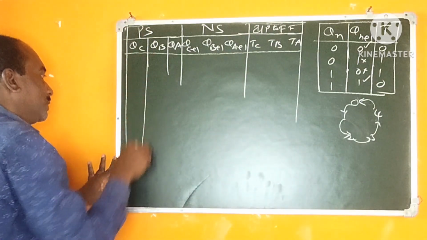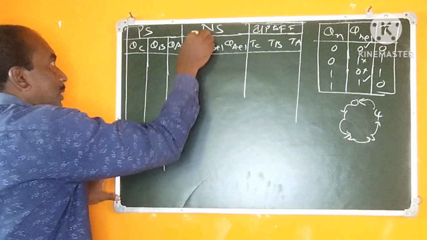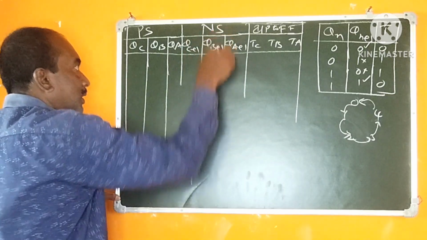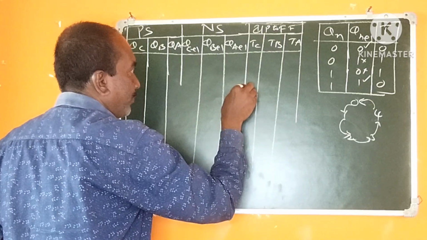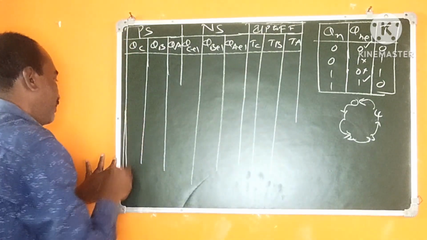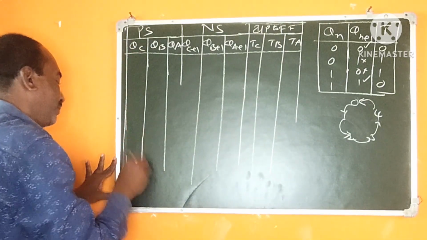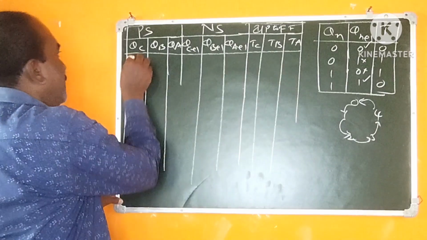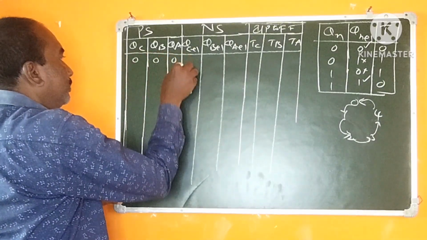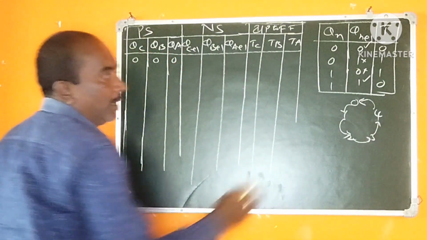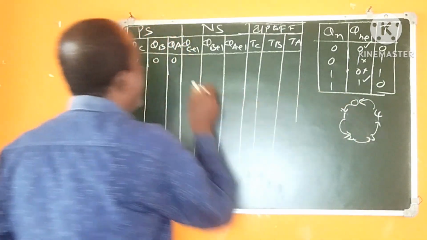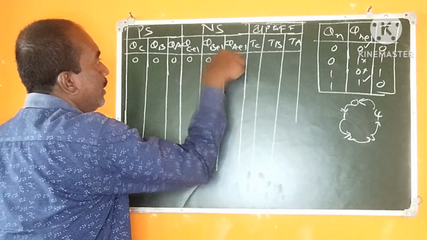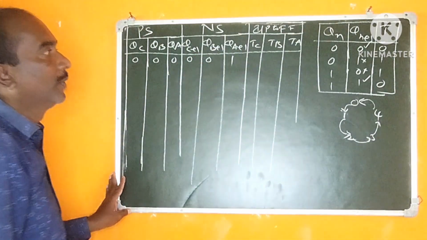Let me consider the present state, the next state, and the input to the flip-flops. If the present state is 0, the next state is 1, which may be represented with 0 to 0.